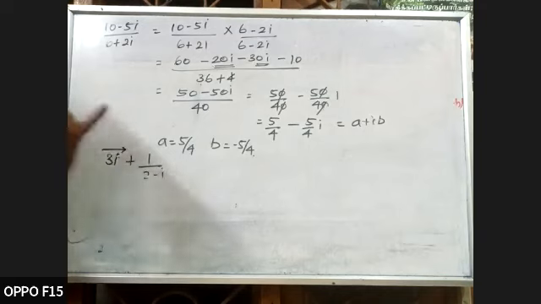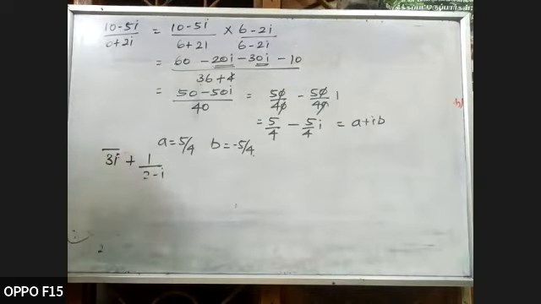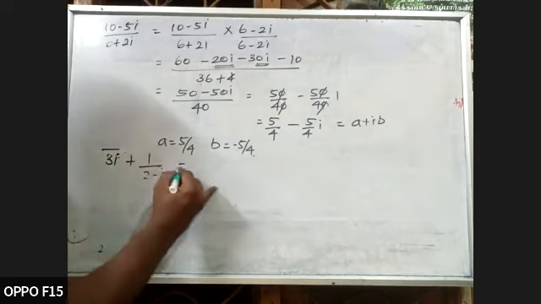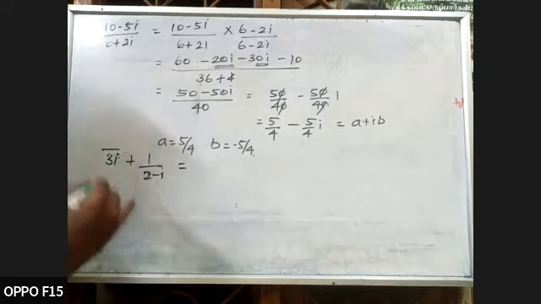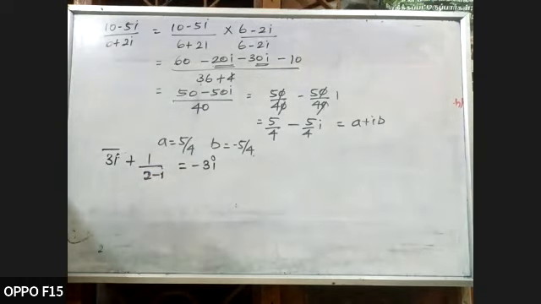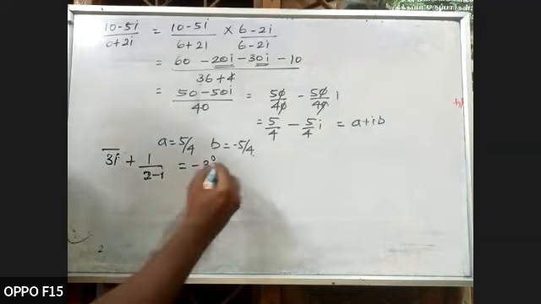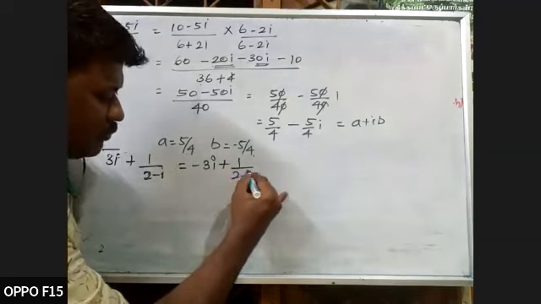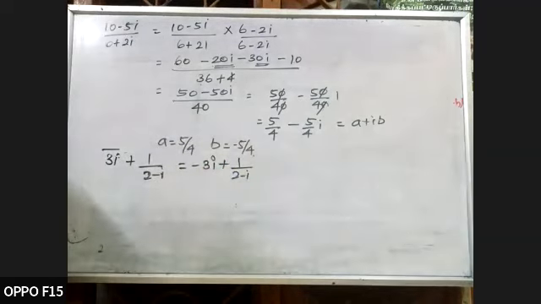What is the conjugate of 3i? Minus 3i. We can write this as minus 3i plus 1 divided by 2 minus i.